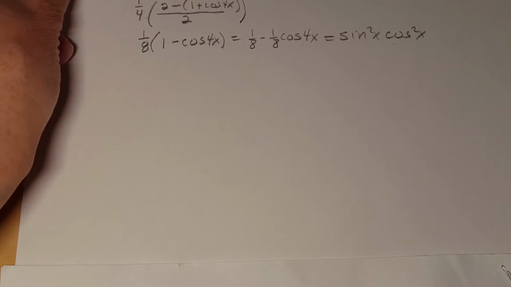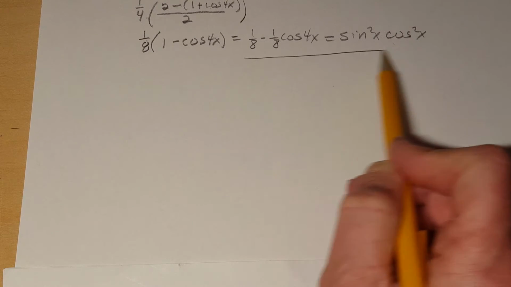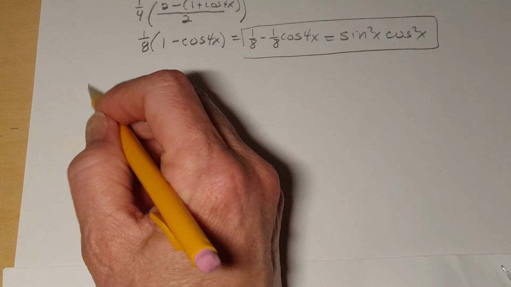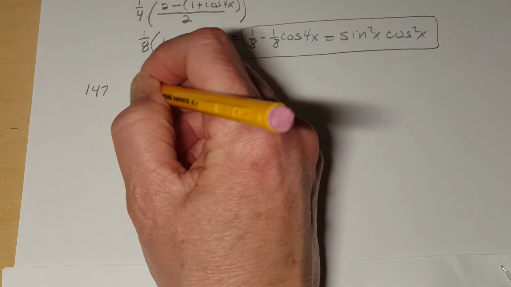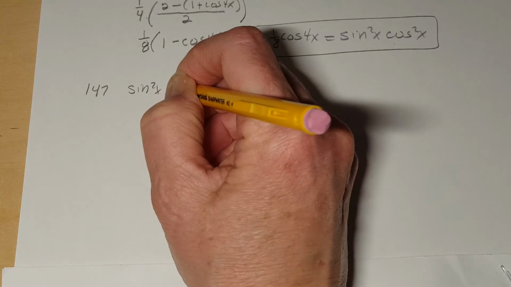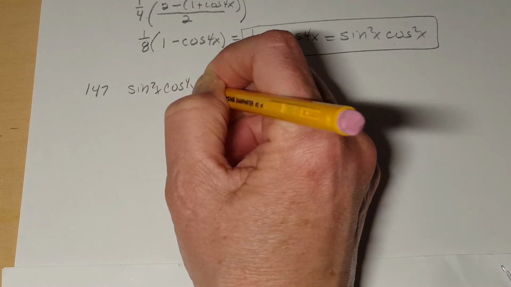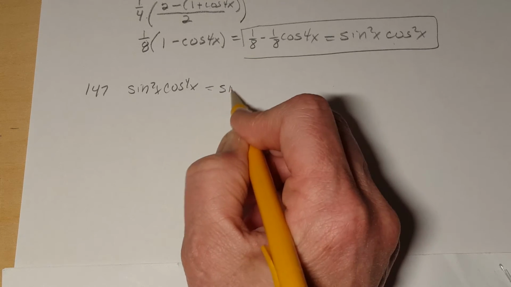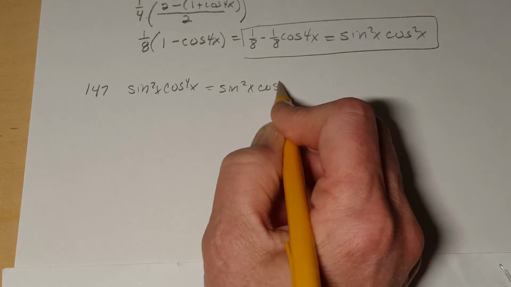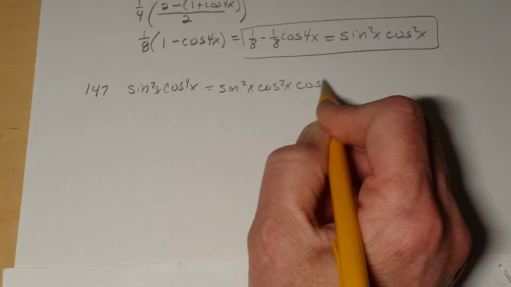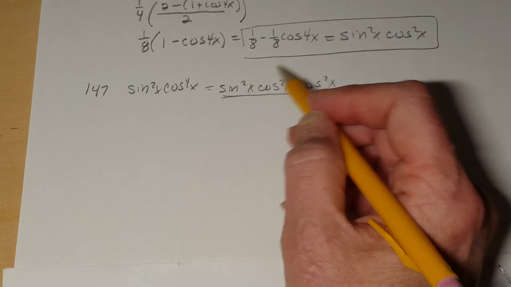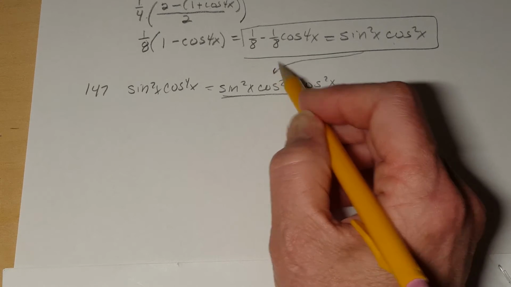Remember that we know this identity from the step above. So 147 says find sine squared x cosine to the 4th of x. Before I start, I'm going to rewrite that as sine squared x cosine squared x times cosine squared x, because this part here is what I just found.